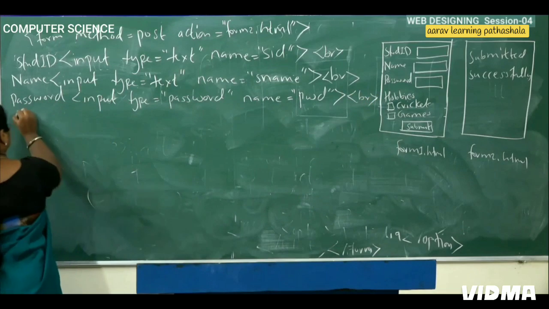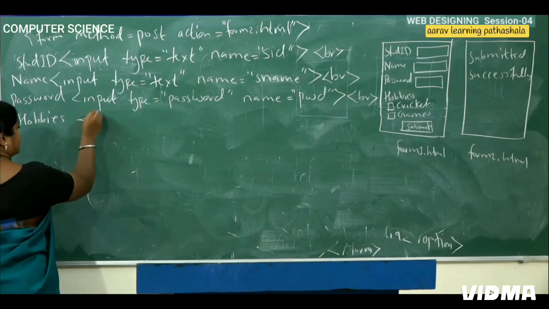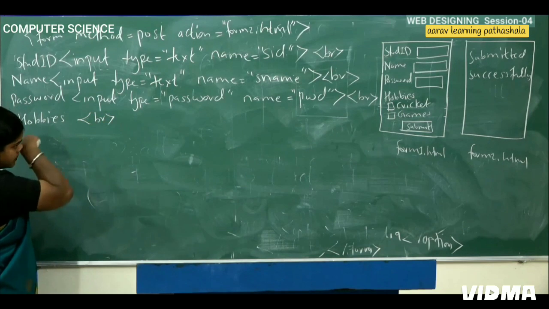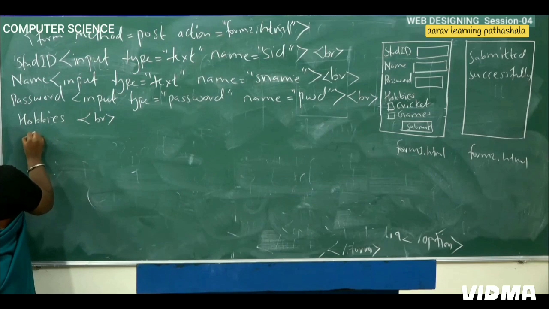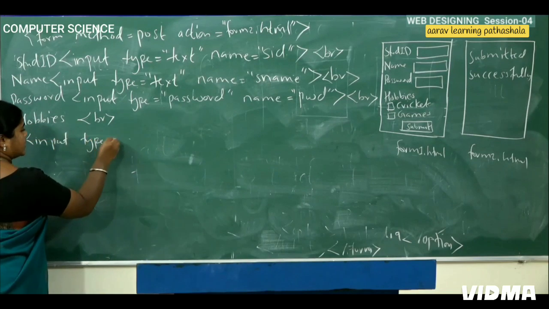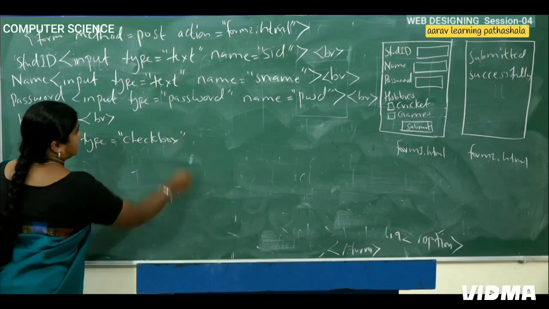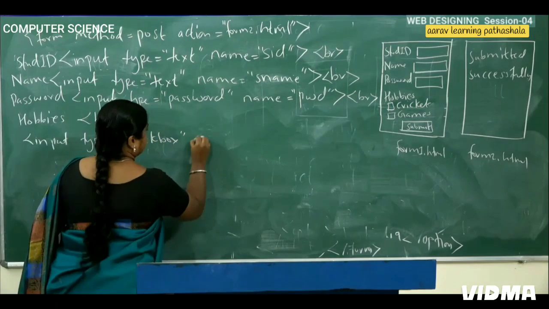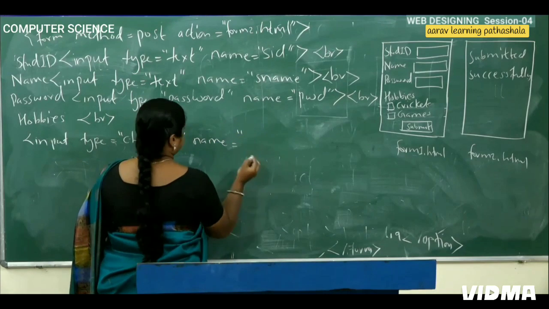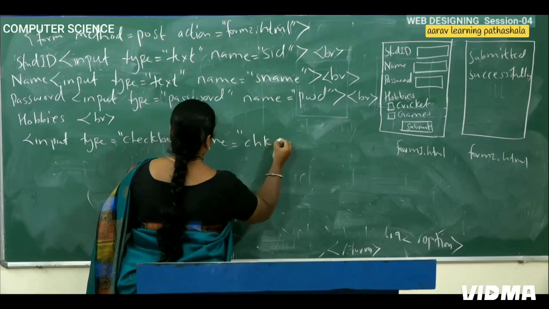Then comes hobbies. After hobbies, on the next line, the tag is checkbox. So for that, input type is equal to checkbox, name is equal to CHK.